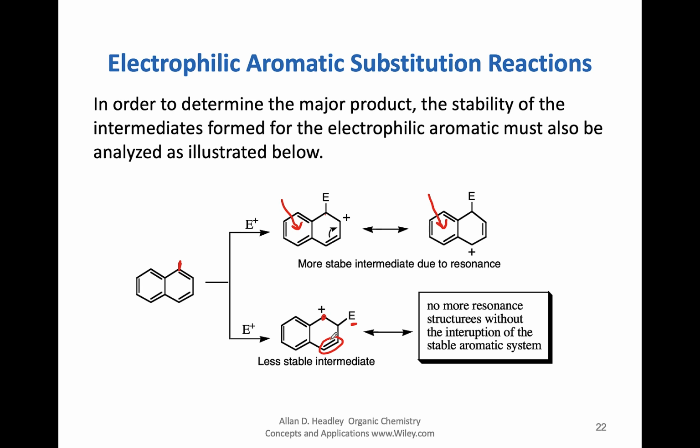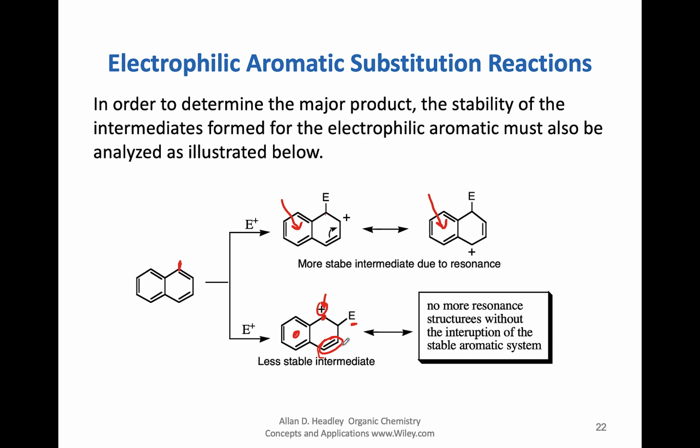This double bond here cannot stabilize that positive charge. In other words, this positive charge cannot be delocalized using this double bond. The only way it can be delocalized is to destroy the aromaticity in here. So let's say that again. By putting the positive charge here, the only way this positive charge can be delocalized is to destroy the aromaticity here, which means losing energy.